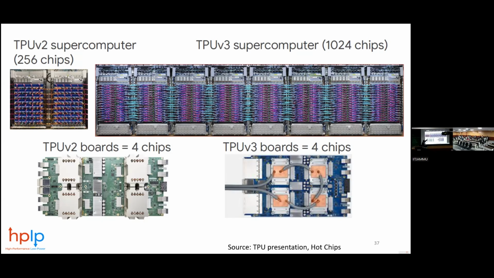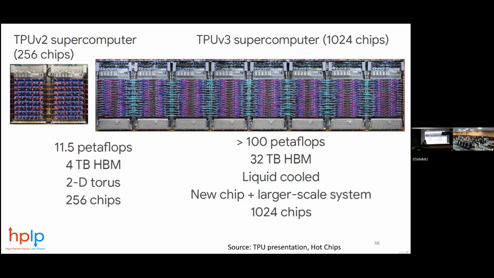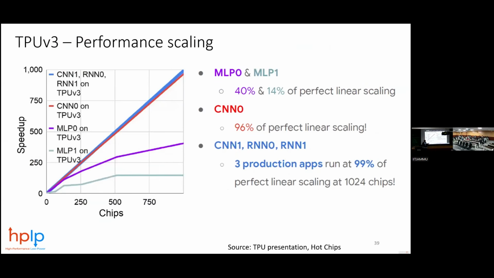And this supercomputer, they even call it that, has 1,024 chips, and you get more than 100 petaflops and 32 terabytes of HBM. And these are the speedups that you get. It's what you want to see: no Amdahl's law, at least for some of them.